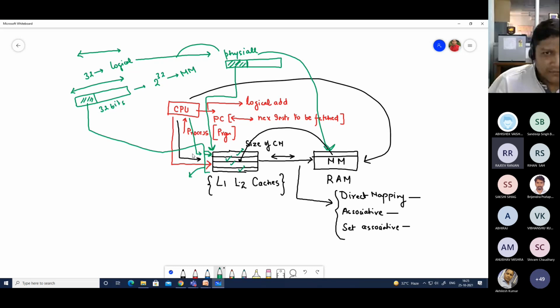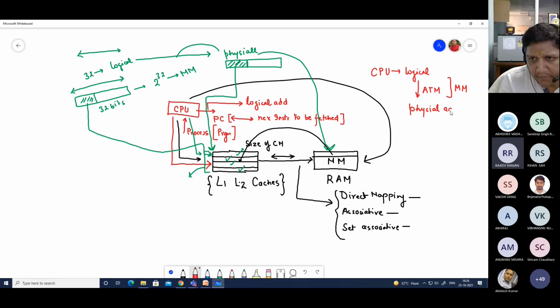I'm telling again, pay attention. The CPU generates a logical address, which is converted using address translation maps. That's the duty of the memory management module of the operating system. It is converted into a physical address, its actual address in main memory. But the sad part is the CPU cannot access main memory directly.